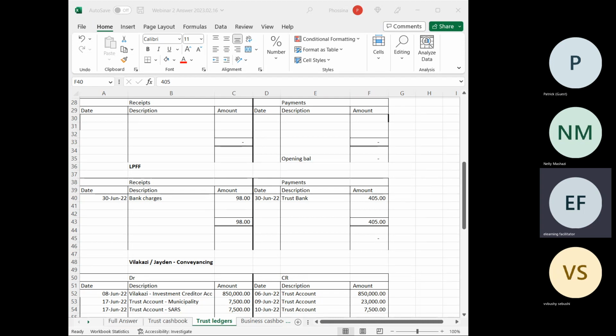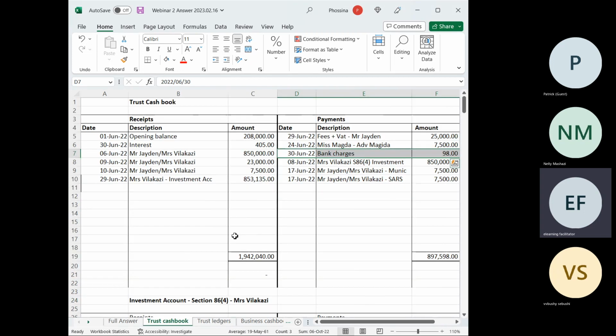Mrs. Vilakazi instructs the firm to invest the money in a Section 86(4) account. The firm immediately opens the Section 86(4) account at the bank and transfers the money therein on 8 June. So this is 6 June, this is 8 June, the money is transferred.